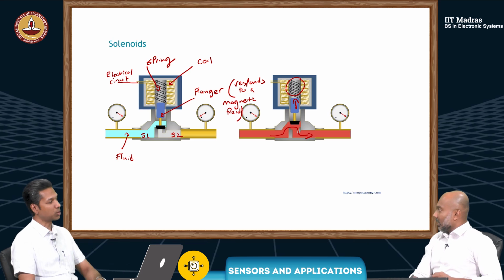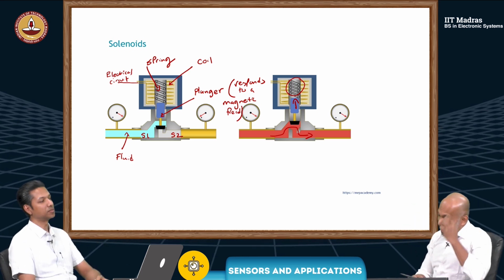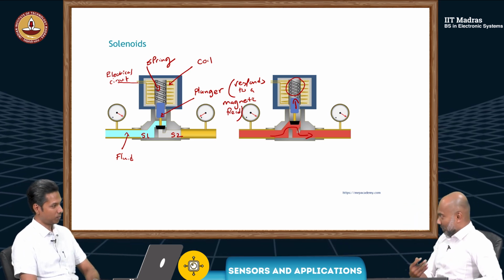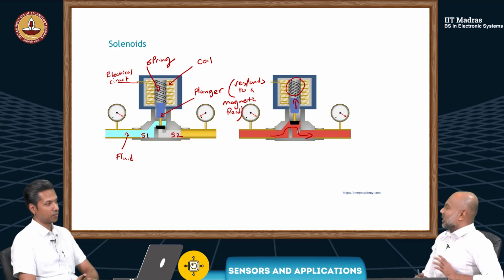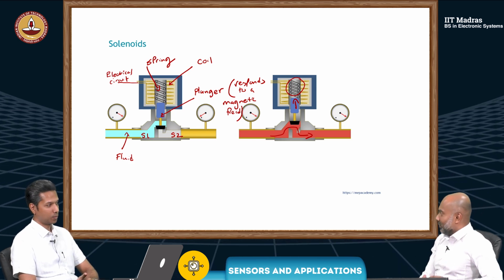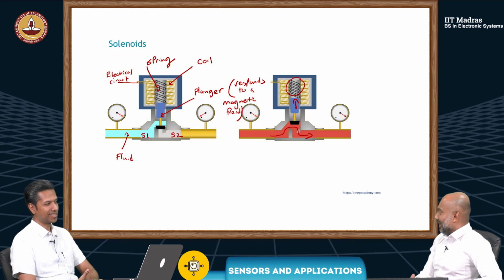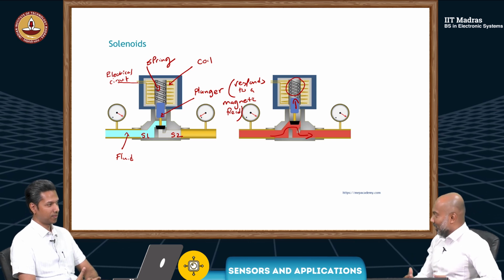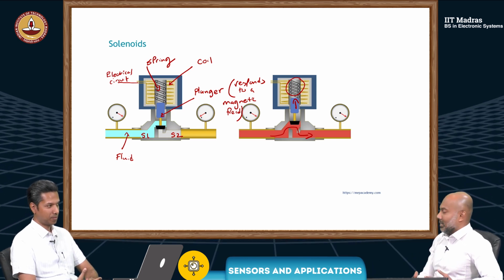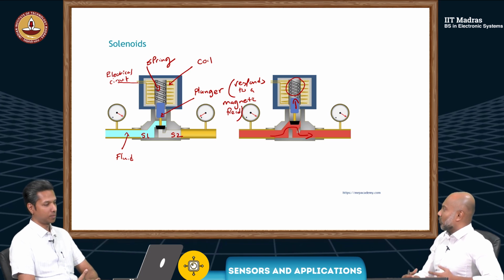Oh, so it's an actuator. It's an actuator. Students who are doing this course sometimes might be confused about the difference between a sensor and an actuator. If you type sensors into Google, sometimes you also come across websites that talk about actuators.